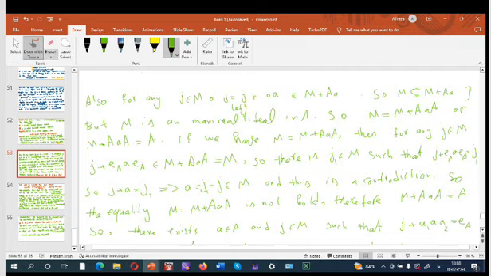So this is equal to M or this is equal to A. If we have this, and this is in M, so there is J1 such that this is equal to J1, and so this must belong to M. This is a contradiction, so the equality is not this, therefore this equality must be the whole.